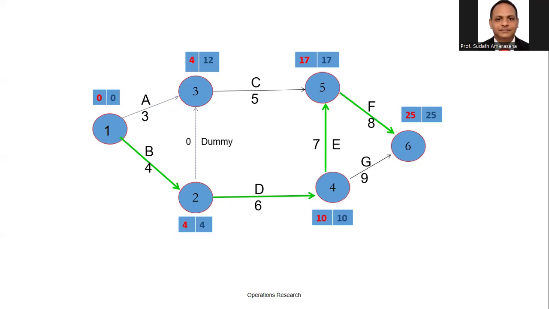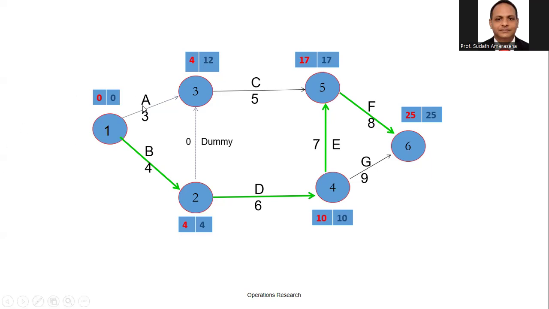If you consider C, tail event is event number 3, head event is event number 5. Likewise, you can see any activity. Tail event has an earliest start time and latest completion time. Head event also has an earliest start time and latest completion time.